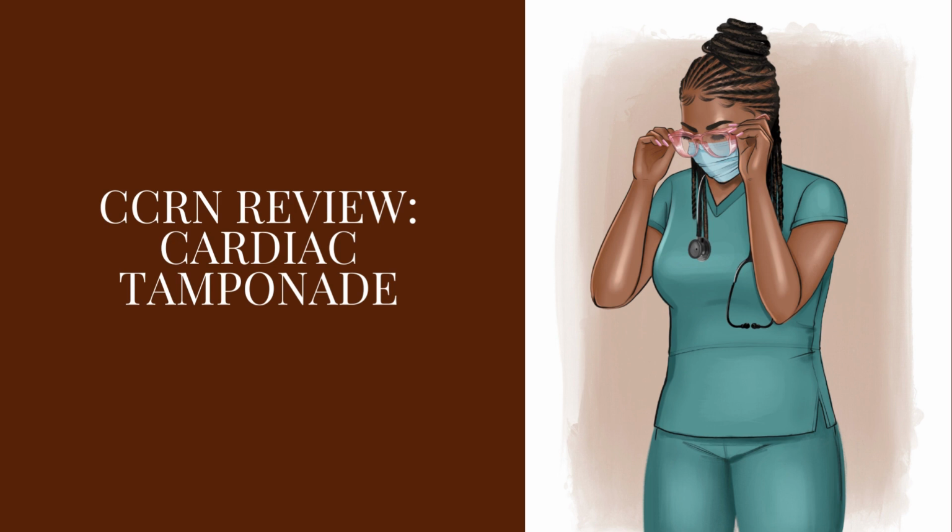Before I jump into it, two things we need to know for the CCRN exam regarding cardiac tamponade is that the patient may present with pulsus paradoxus as well as a narrowed pulse pressure. We calculate pulse pressure by subtracting the diastolic blood pressure from the systolic blood pressure.